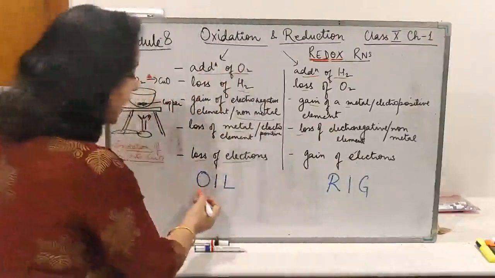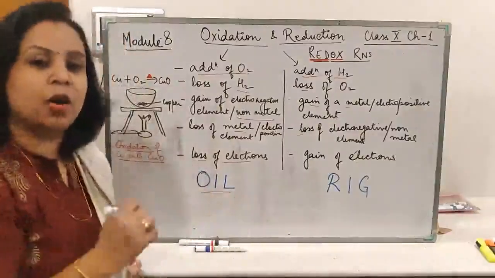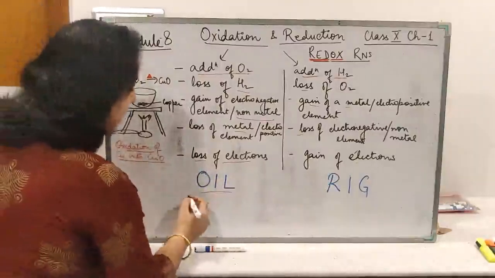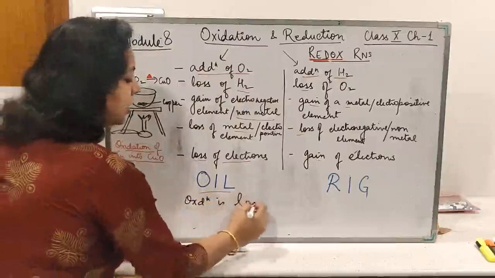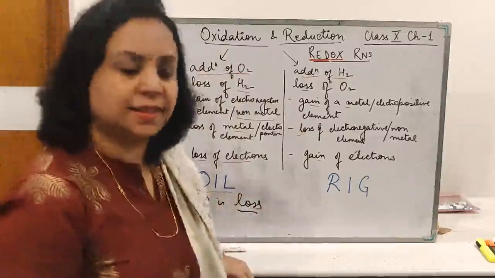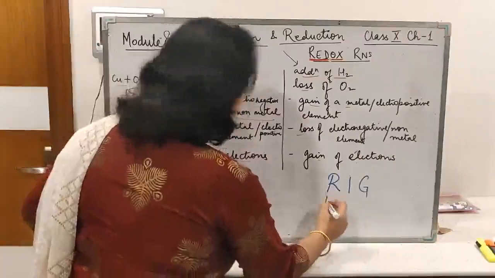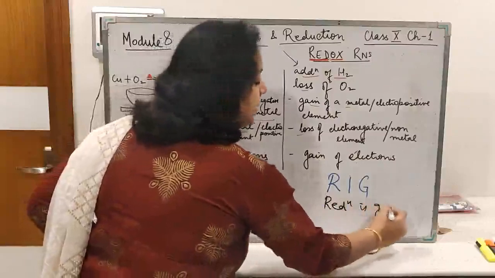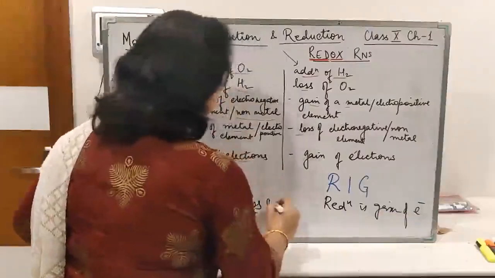Now, I have simplified it in the form of a mnemonic: OIL RIG. OIL means oxidation is loss, and RIG says reduction is gain of electrons.